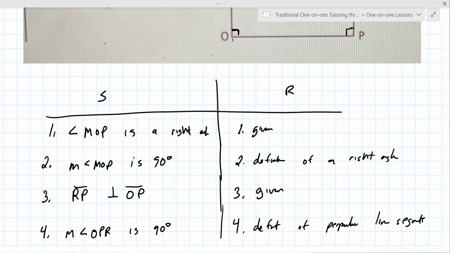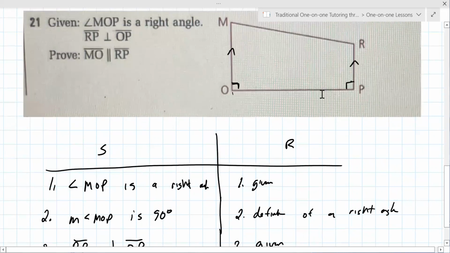So here's what we have so far. We have that MOP is 90 degrees, RPO is 90 degrees. Okay, that's good. Now, if we go back to what are all the things that you know about two parallel lines and a transversal, can you list or name a few of those for me?